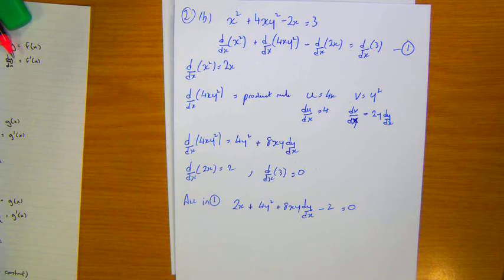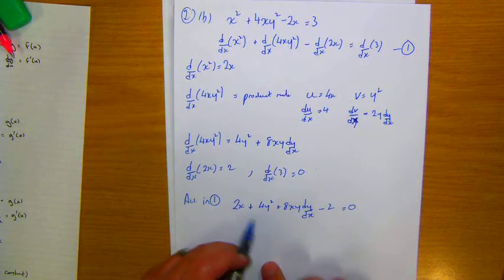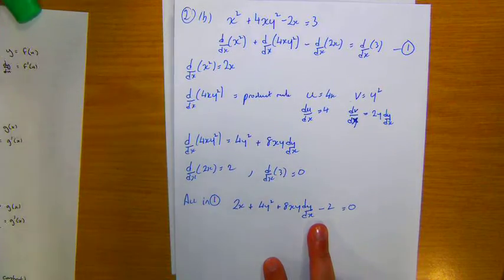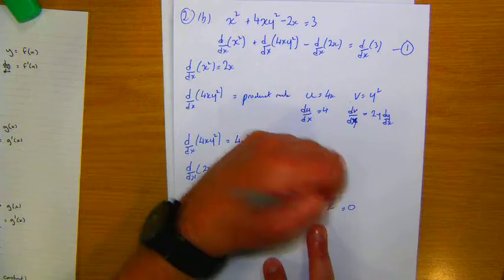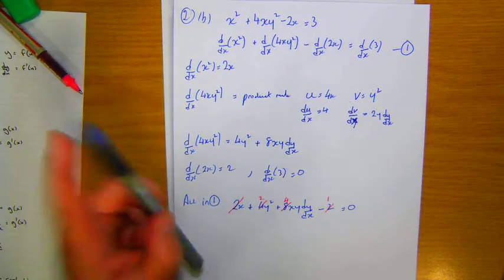And what I'm looking for is to get the dy dx on its own. I can divide throughout by 2, just to make it a little bit easier.